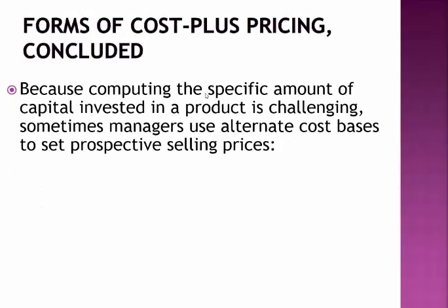Because computing the specific amount of capital invested in a product is very challenging, sometimes managers use an alternate cost basis to set the prospective selling prices. We could use our variable manufacturing cost. We're tracking those things on a daily basis pretty much.